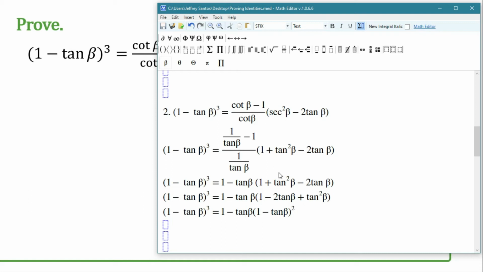So, hindi po simple ang mag-prove ng identity. You have to deal with a lot of algebraic manipulations if possible. Okay? And then, if we're going to simplify this one, this is another factor. By the way, let us put parenthesis para hindi tayo malito. If we are going to simplify this one, this says that we have 1 minus tangent of beta.